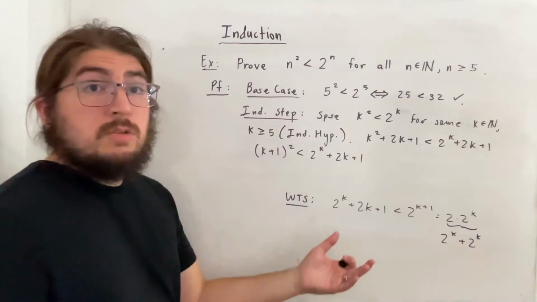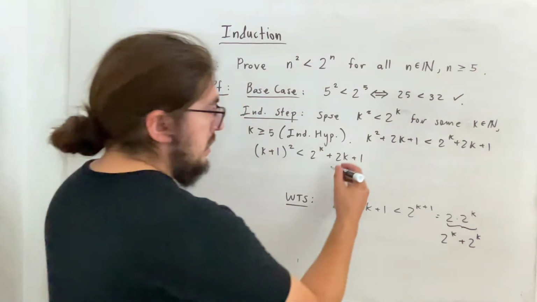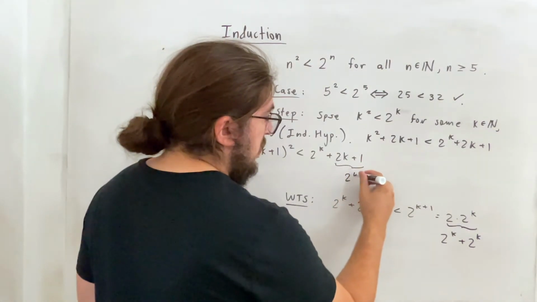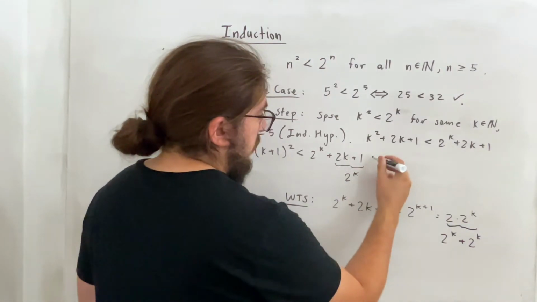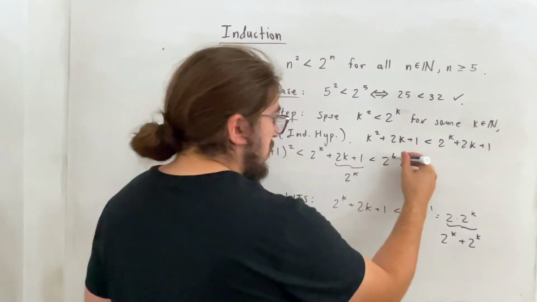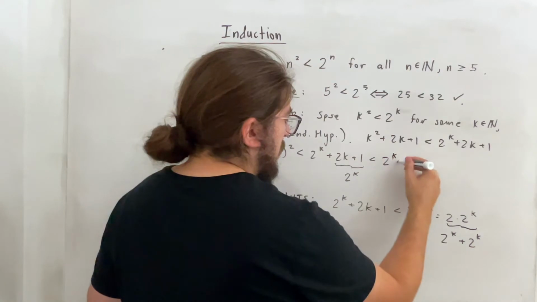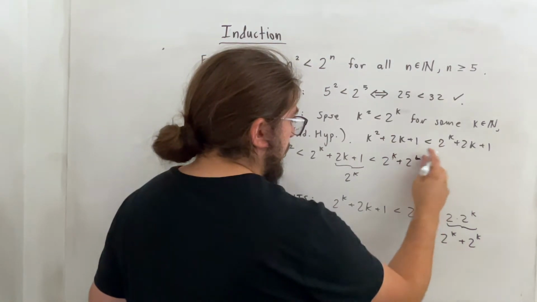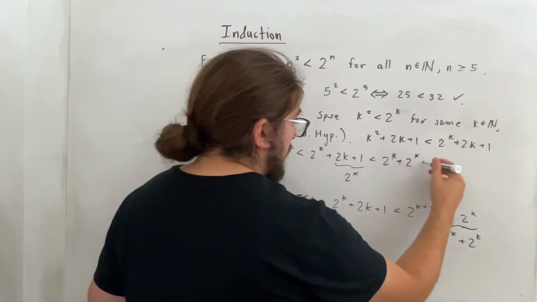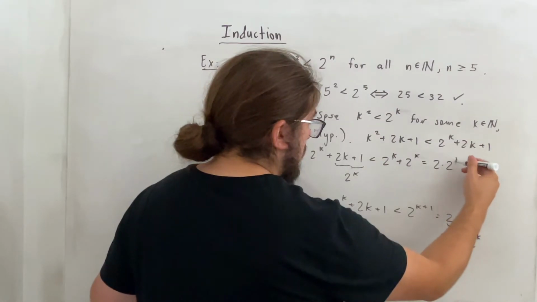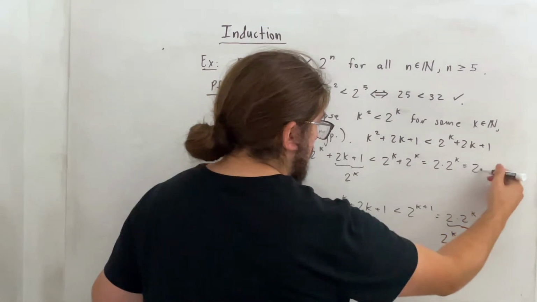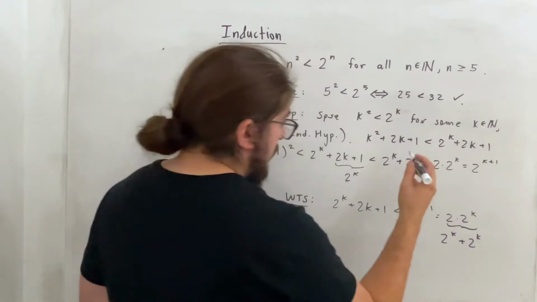A number added to itself is 2 times a number. Great. So we can somehow maybe replace this with 2 to the k. There we go. So is that less than 2 to the k plus 2 to the k? If it is, we're done, because this is equal to 2 times 2 to the k, which is 2 to the k plus 1, and then we'll be done.